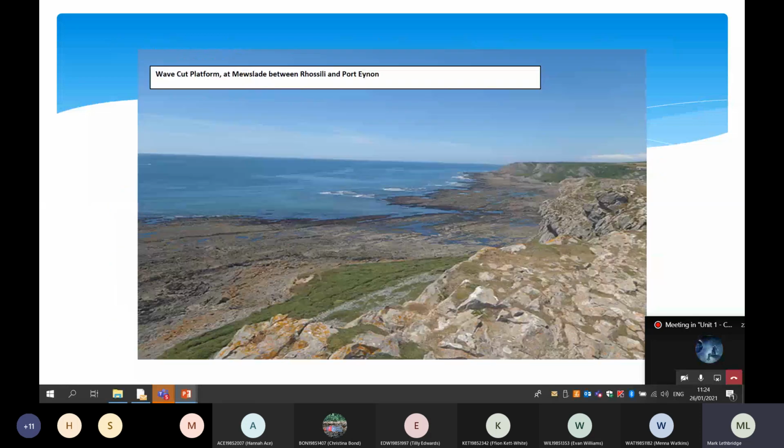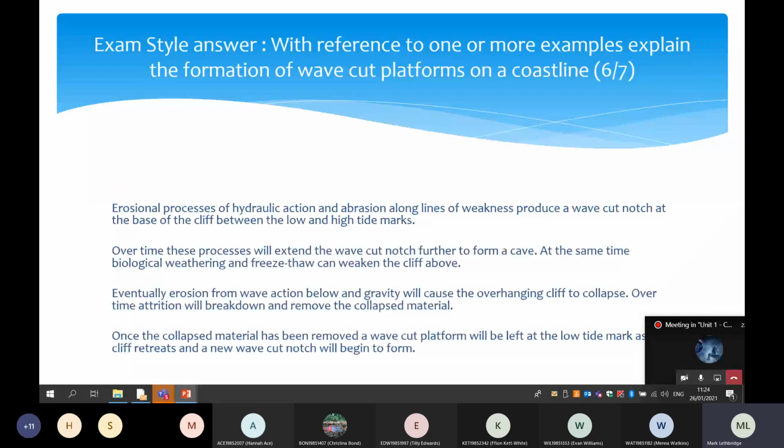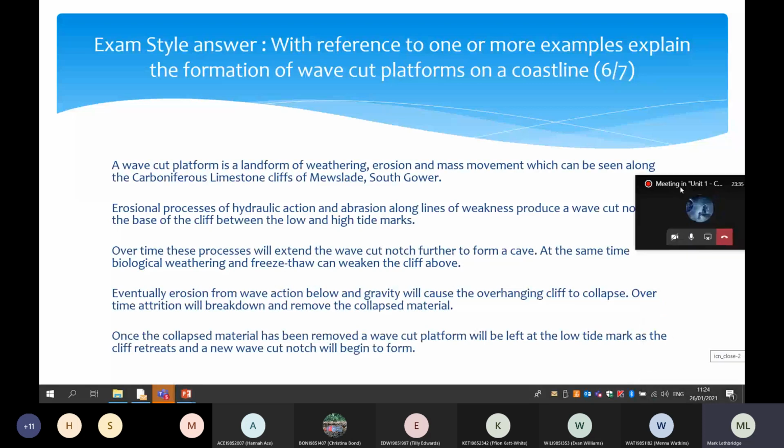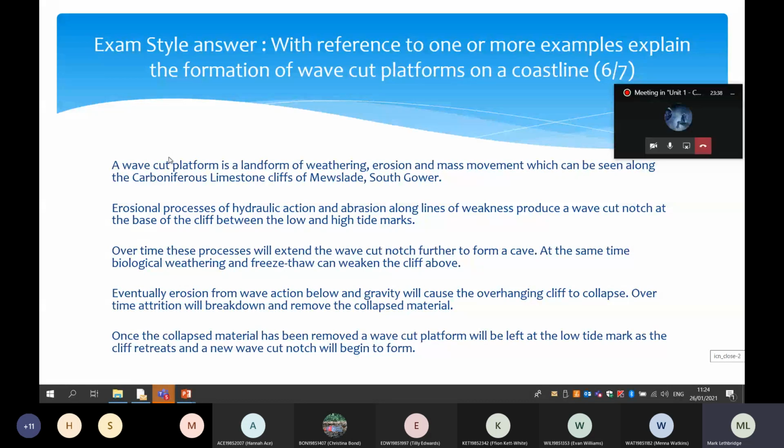Now, last time out, when we were talking about Mewslade and I showed you the answer from this, now the top bit of that answer should make sense, because I said at that point a wave cut platform is a landform of weathering, erosion and mass movement which can be seen along the Carboniferous limestone cliffs of Mewslade. Well, now we do know that that is Carboniferous limestone because we just talked about that bit.